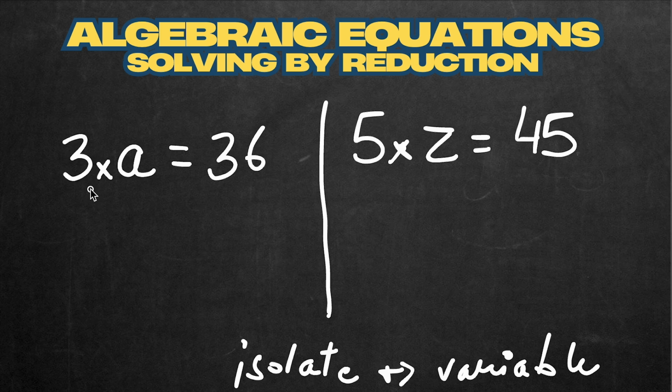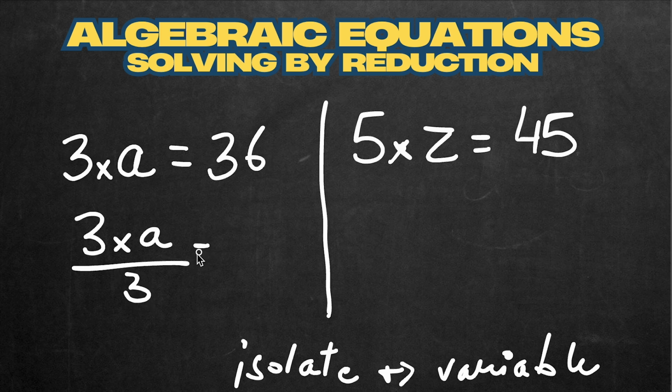For example, you see that 3 times a is 36. So what should we do? How can we get rid of this 3? I know this 3 is a multiply, and what is the opposite action of multiplying? Dividing. So I will do 3 times a divided by 3 equals 36 divided by 3 as well. Remember, whatever action you take on one side, you also take on the other side.